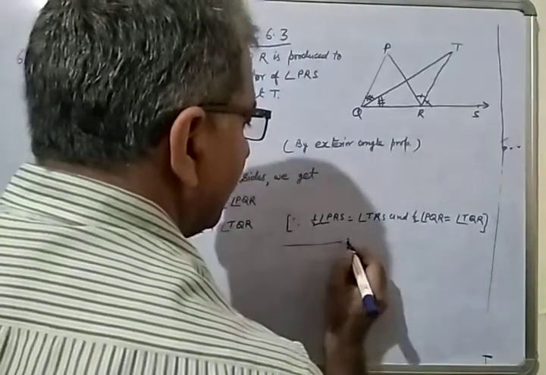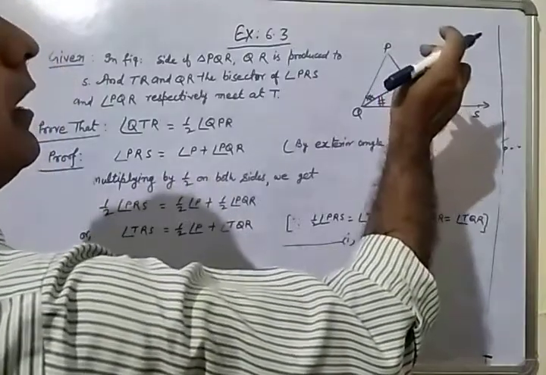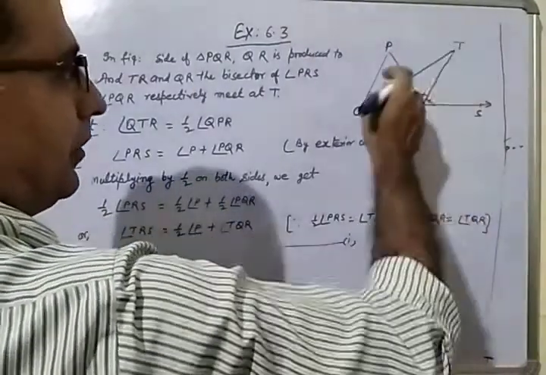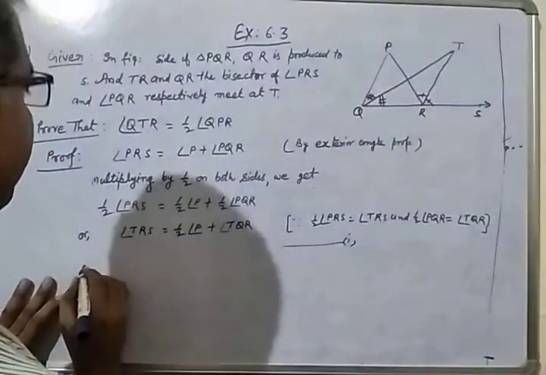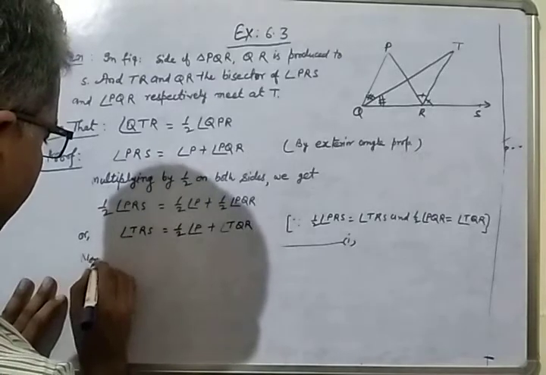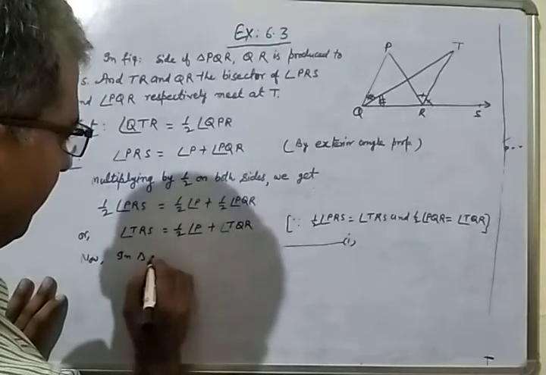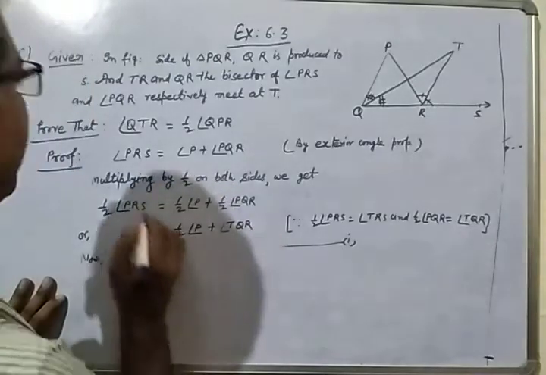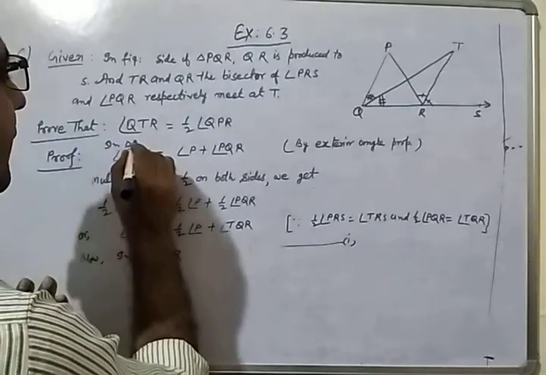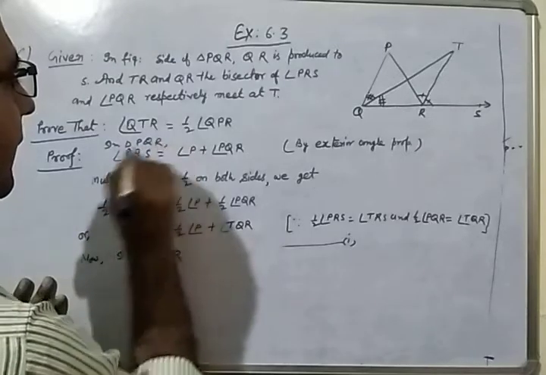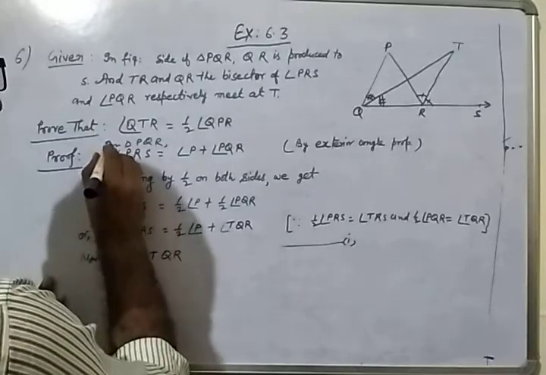So we can write here the reason. We can take this as equation 1. Now see this angle, in this triangle TQR, we take angle TRS. Now in triangle TQR, here you can write the name of the triangle where we use the property.